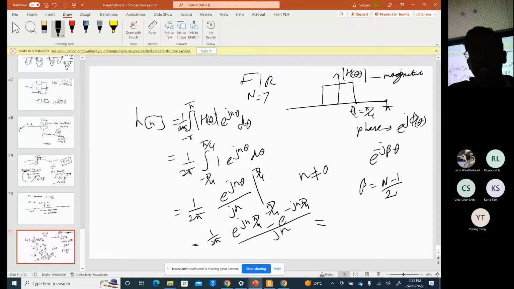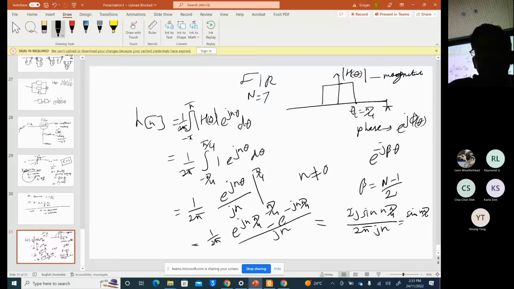This is 2j sine, so 2j sine(n pi by 4) divided by 2 pi j n. Here the j cancels out, the 2 cancels out, so that equals sine(n pi by 4) divided by pi n.